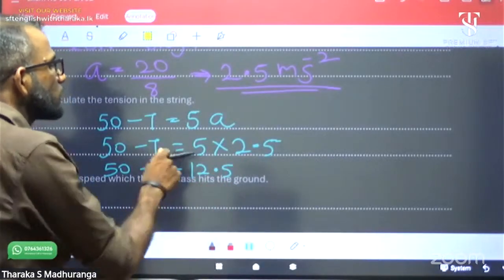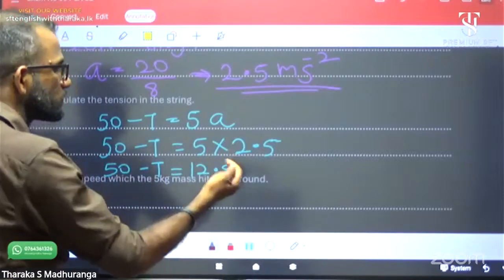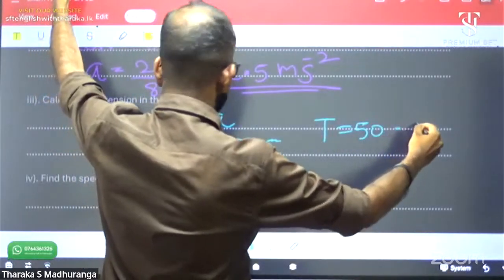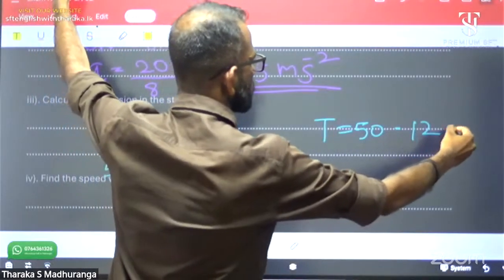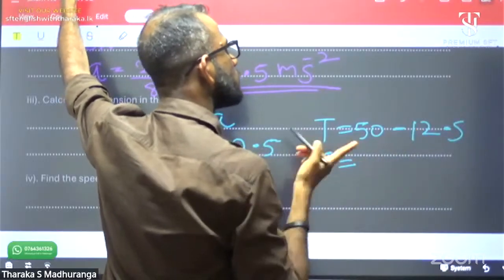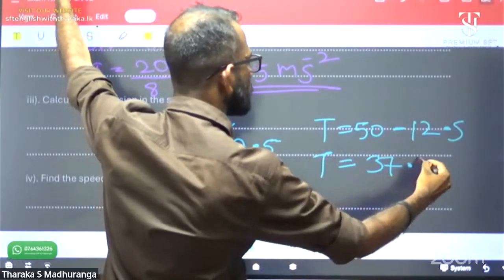To isolate the tension, T equals 50 minus 12.5, which is 37.5 Newton.